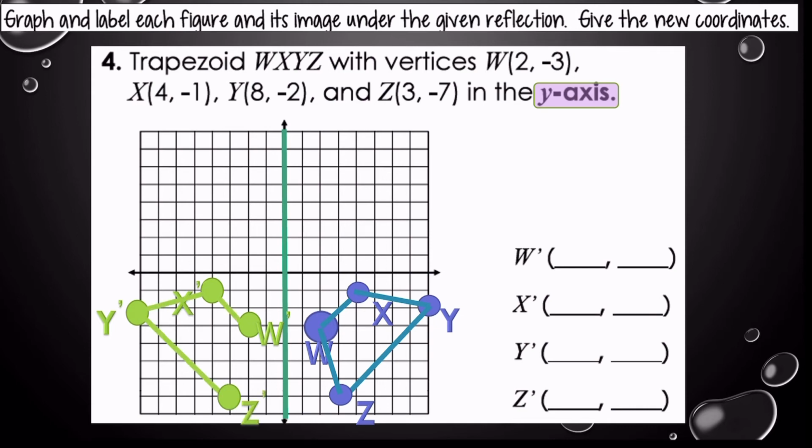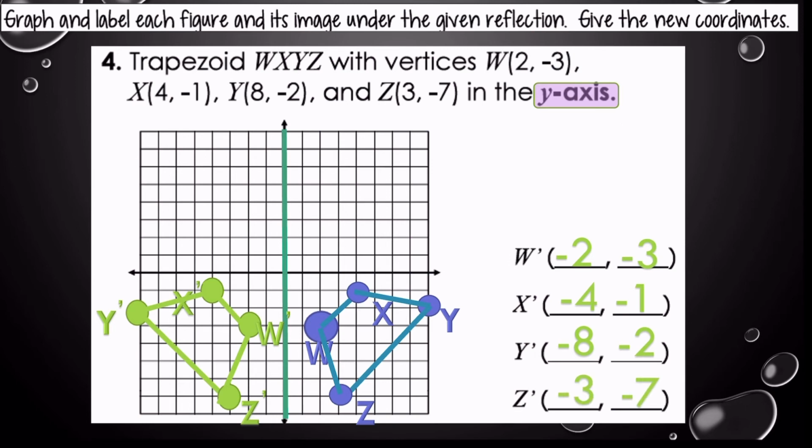So as you do this, it's basically creating the same image, just flipped. The angles, the side lengths, those don't change. They stay the same. So I have new ordered pairs though. So I have -2, -3, -4, -1, -8, -2, and then -3, -7.